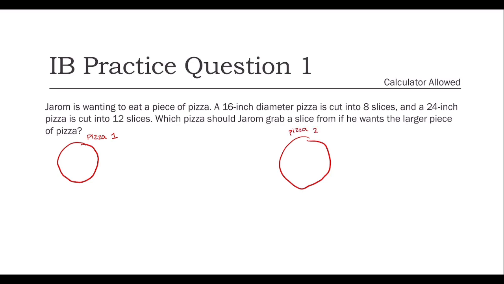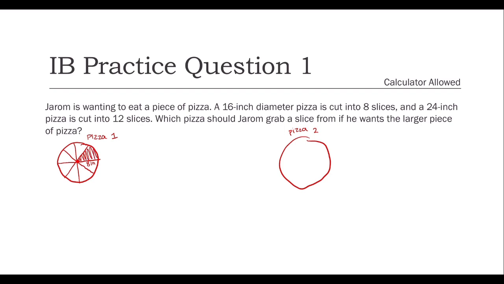So pizza 1 is a 16-inch diameter pizza. So this is 16. So our radius is 8 inches. And it's cut into 8 slices. So it looks like this. So we want to know what the area is of one slice of pizza.